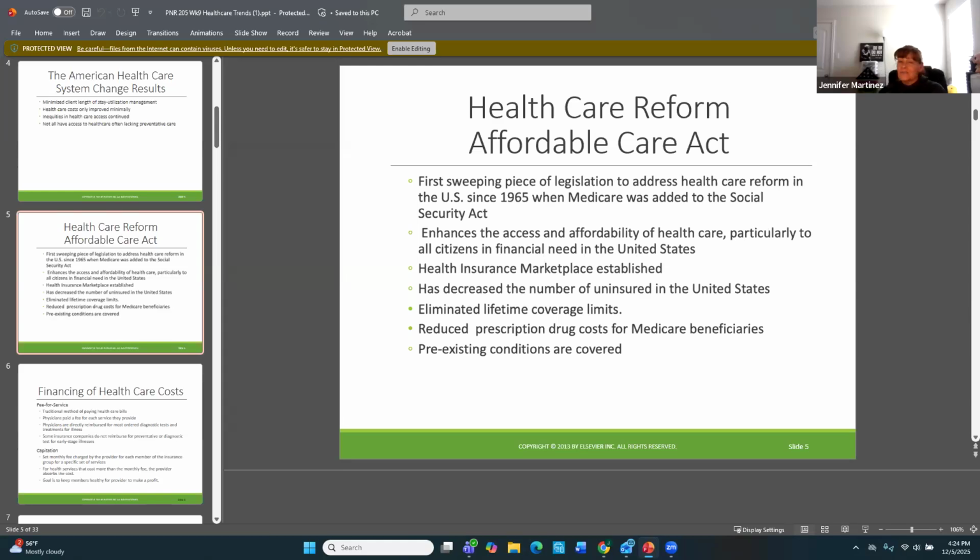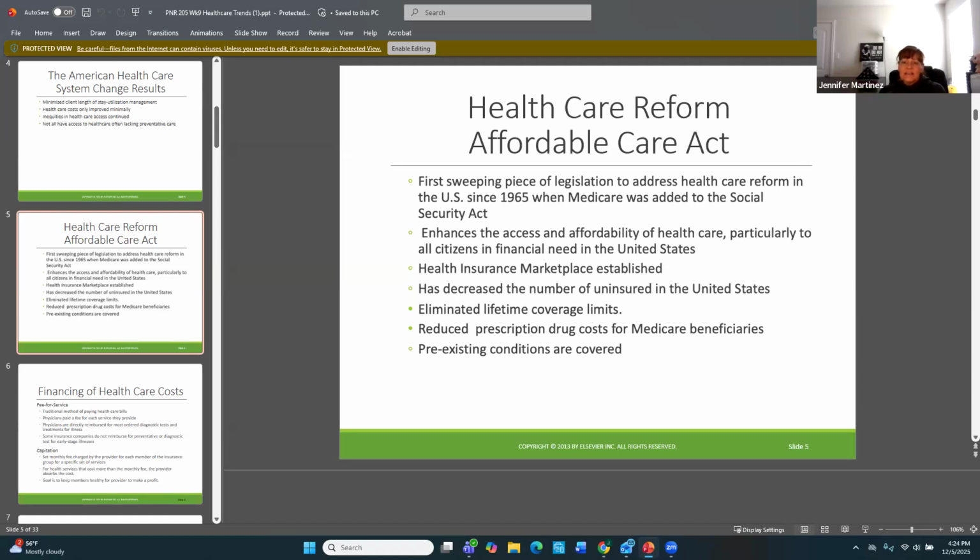So that's a really long time. And so the goal here was that it was designed to enhance the access and affordability of healthcare, particularly to those citizens in financial need in the United States.